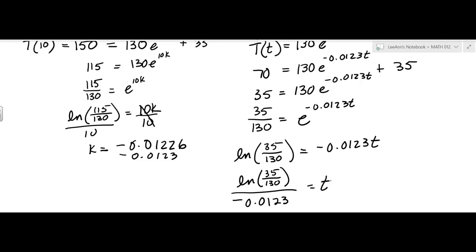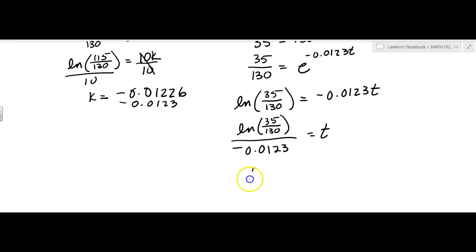I'm going to put this in my calculator, and I'm going to go to the nearest minute. Natural log 35 divided by 130, hit that parenthesis, divided by negative 0.0123, and I'm getting, to the nearest minute, time is approximately 107 minutes. Or if you want it in hours and minutes, that's going to be 1 hour, 47 minutes. So you have to wait for about 2 hours to eat the cheesecake.